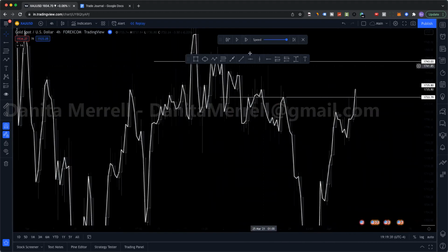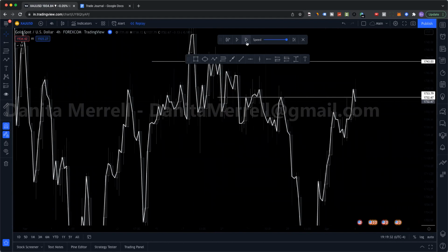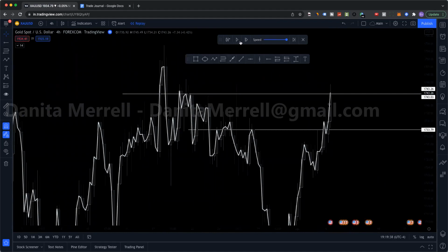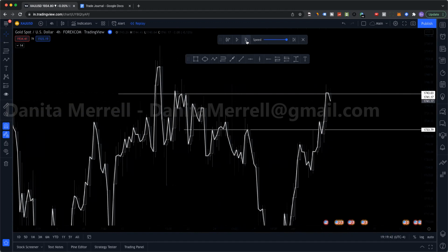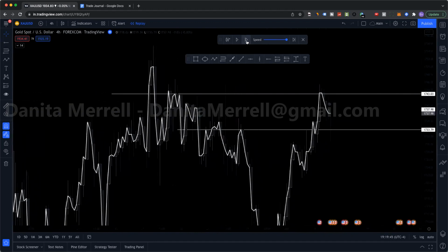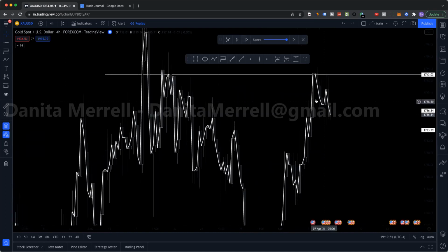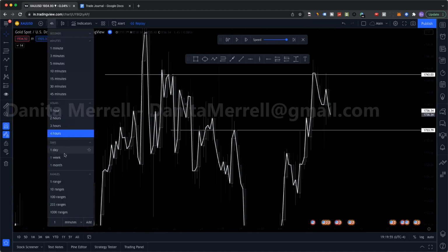H4 did not break any structure, so we wouldn't have taken a trade. Okay, now we're at our next level of daily resistance. Still holding the trade from before. Okay, we're starting to break the structure on H4, right? So H4, we go back to our daily.